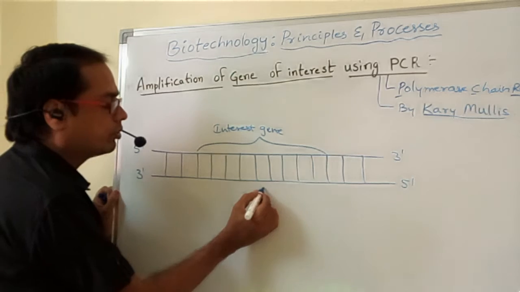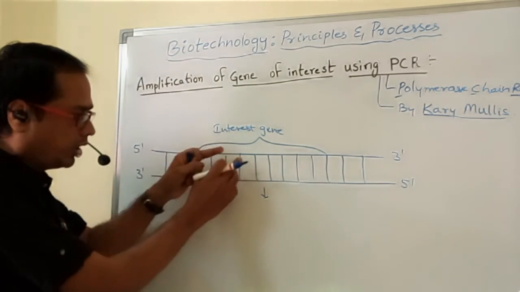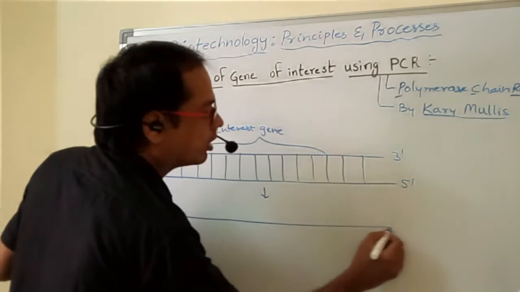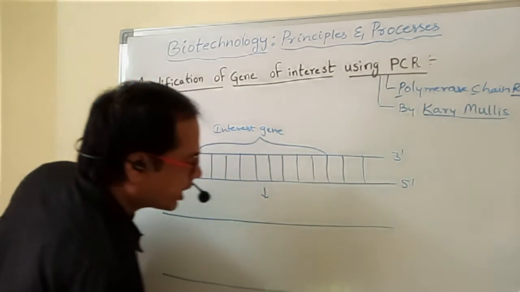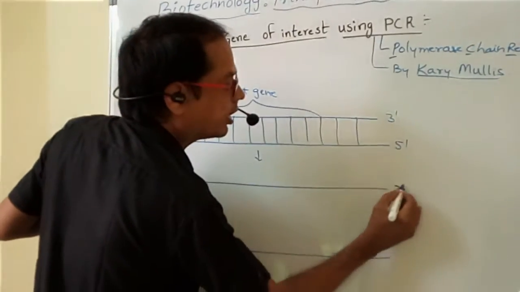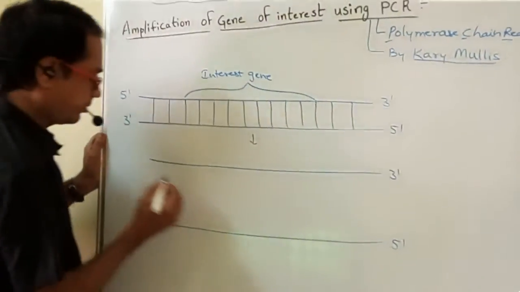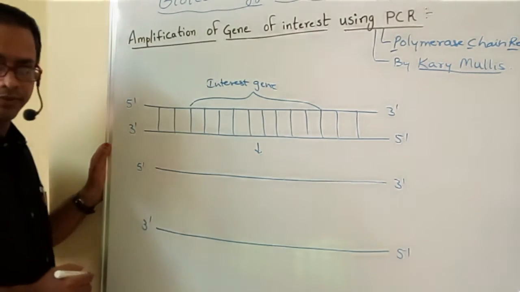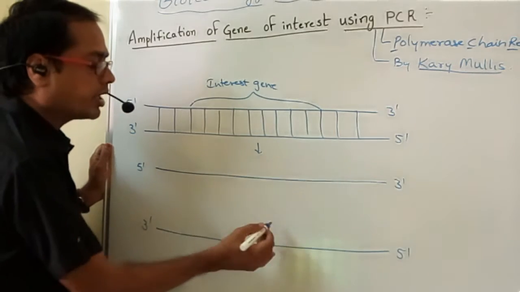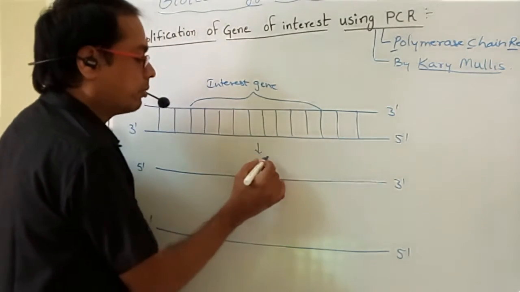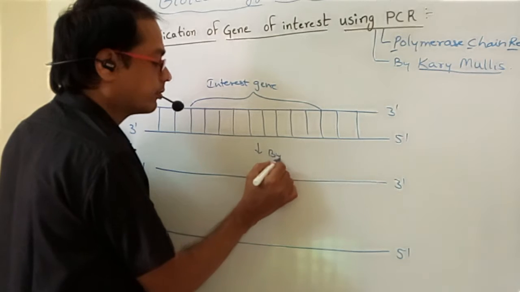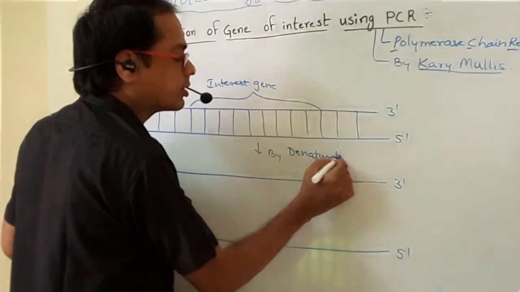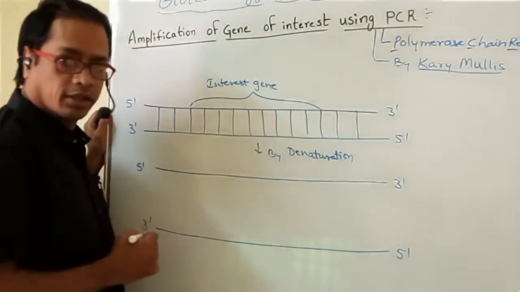So what we have to do? First of all, these two strands should be separated. Let us suppose these two strands are separated. These two strands are separated by denaturation. What is the process? Denaturation.